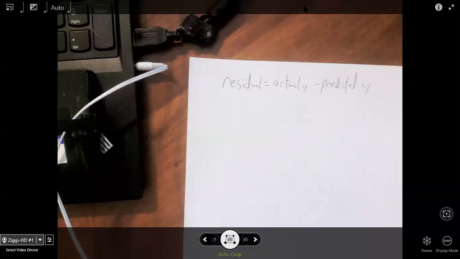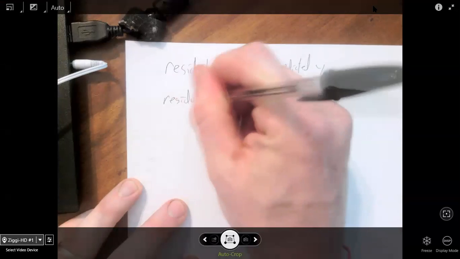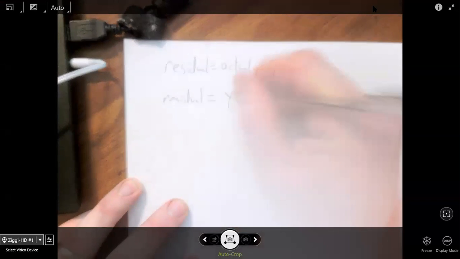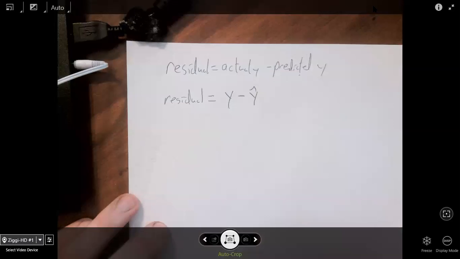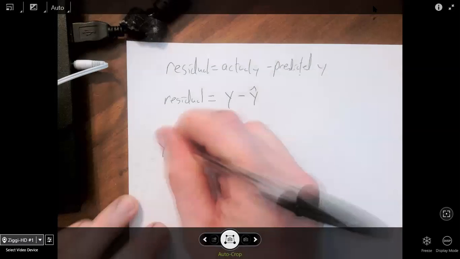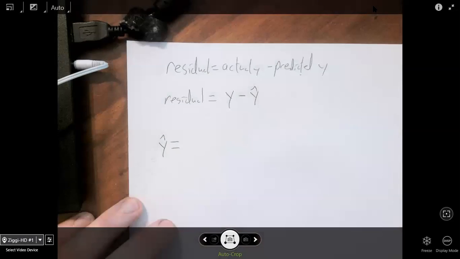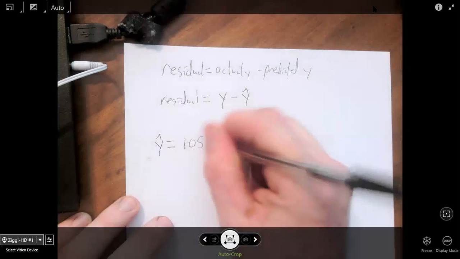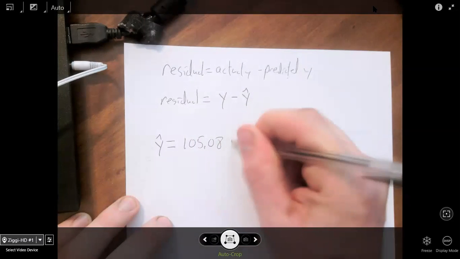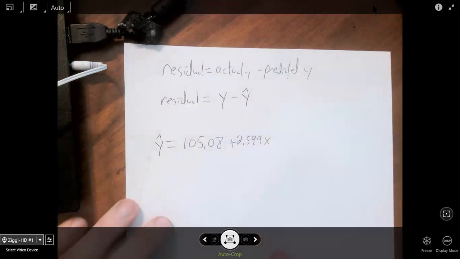So another way that we could put that is we could say that the residual is y, the real y value minus the y hat value. Okay, we know how to find the y hat value. That is the regression equation, right? Y hat equals 105.08 plus 2.599 times x.